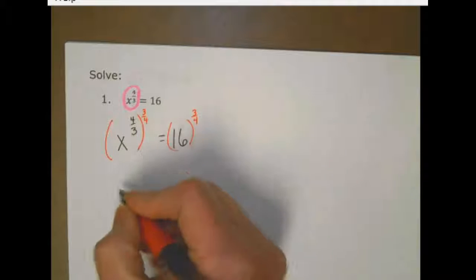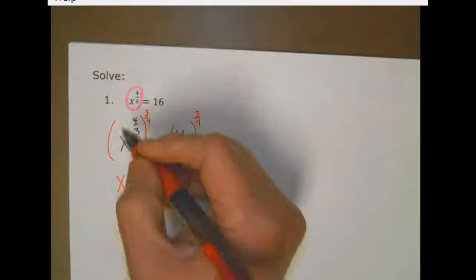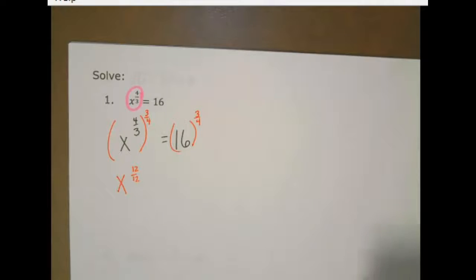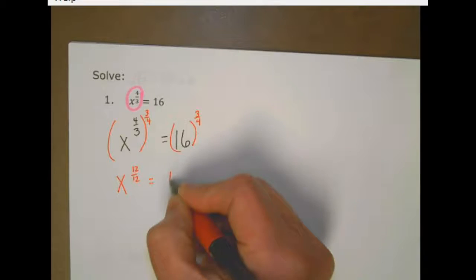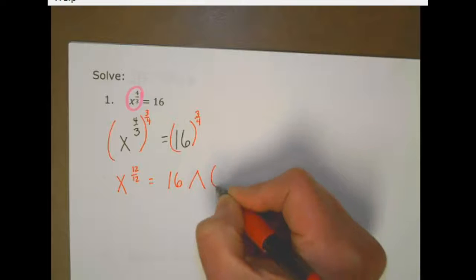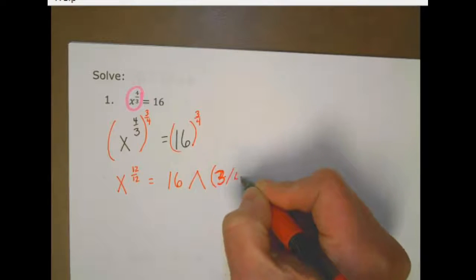And so this will be 12 over 12, because you multiply numerator times numerator and denominator times denominator. And this is going to be 16 raised to the 3/4 power.